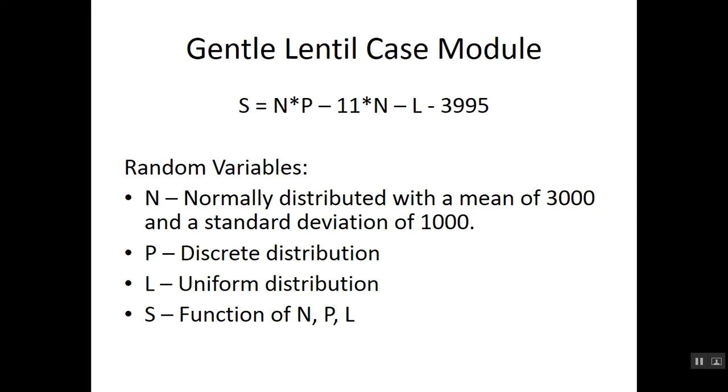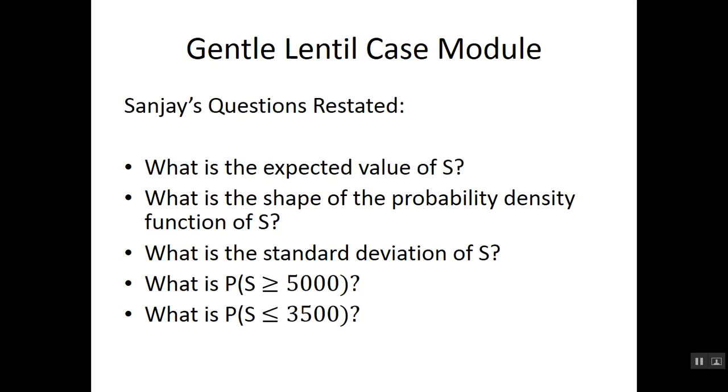So what we want to do next, now that we have our formulas and we know what our random variables are going to be, is put the questions that Sanjay is asking in terms of those random variables. So I'm going to restate those questions in a more mathematical format, relating to our random variables. So Sanjay is interested in knowing what's the expected value of that variable S. What is the shape of the probability density function of S?